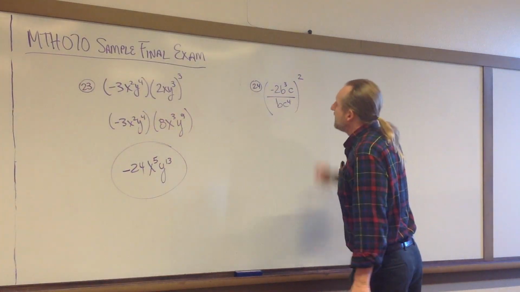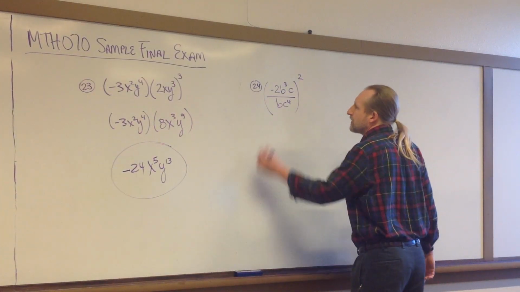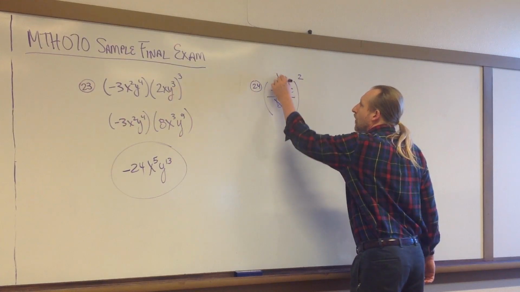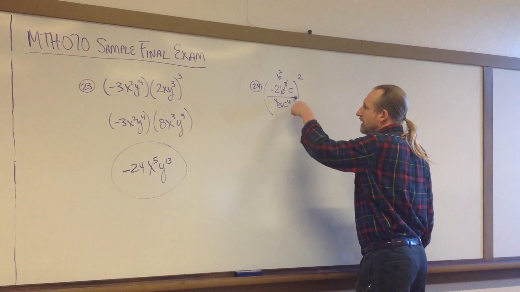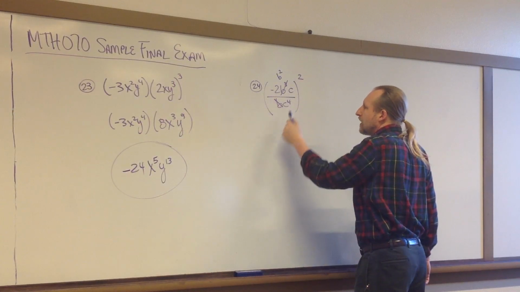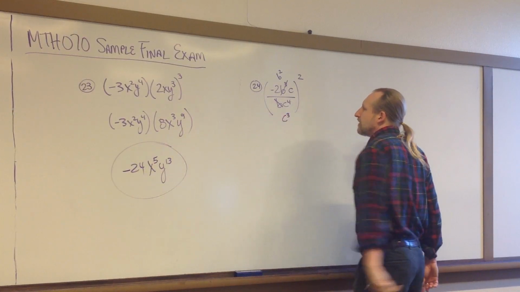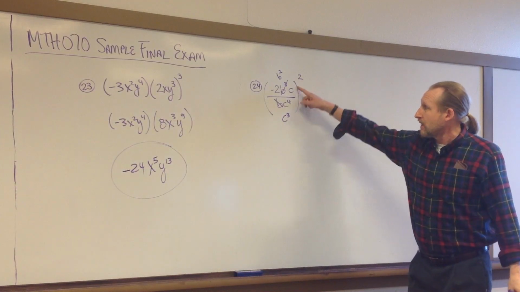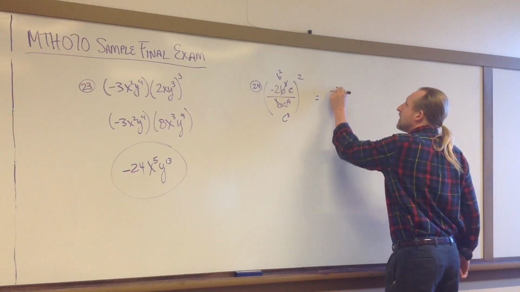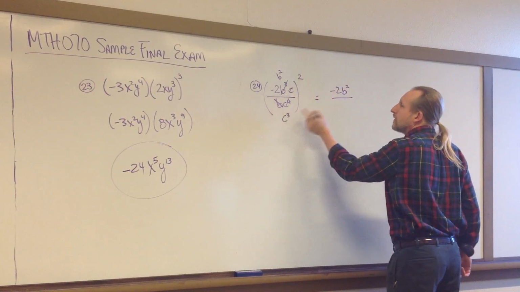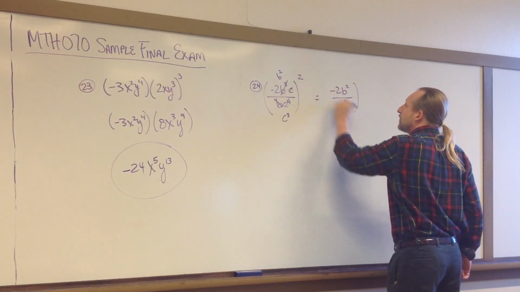I'm going to simplify inside the parentheses first. This b will cancel out one of those b's and leave b squared. 3 minus 1 is 2. Same thing here. The c will cancel out one of these c's and leave us with c to the third power. 4 minus 1 is 3. Okay, so that means we've got negative 2b squared over c to the third power.